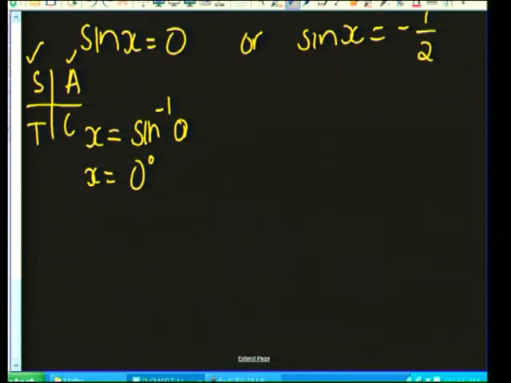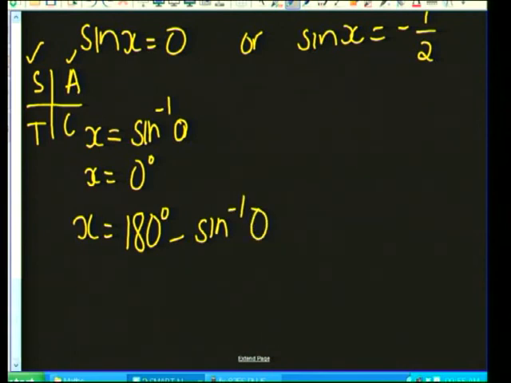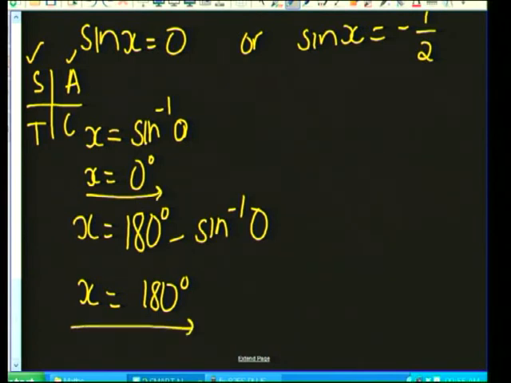And in that quadrant, x would equal 180 minus the inverse sine of 0, and you'd get 180. So I'm just going to underline those solutions. Let's come back to this one.